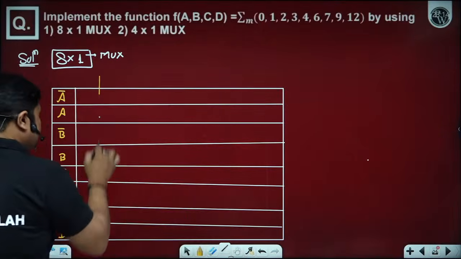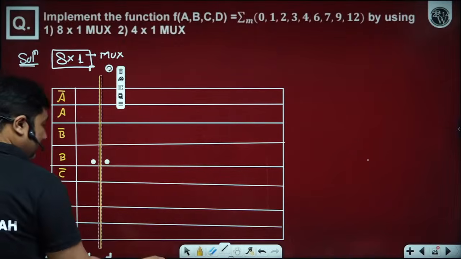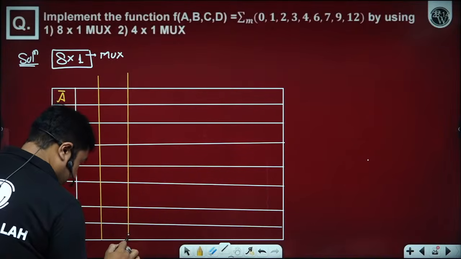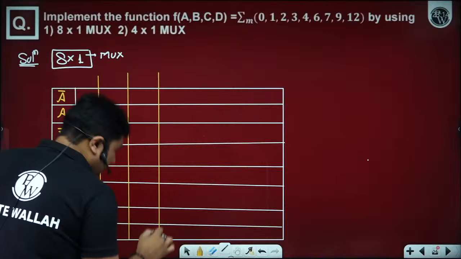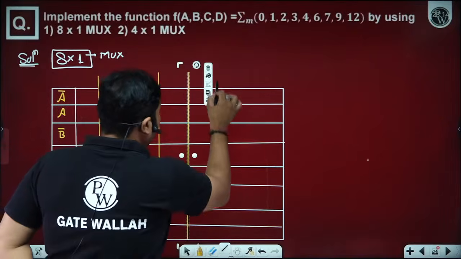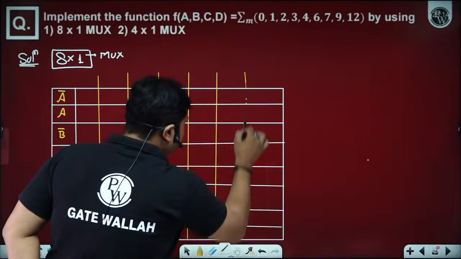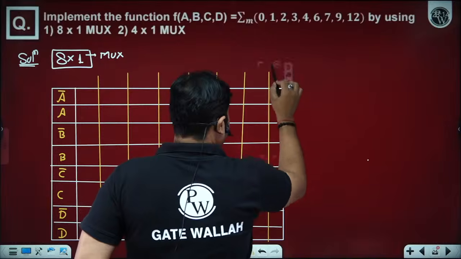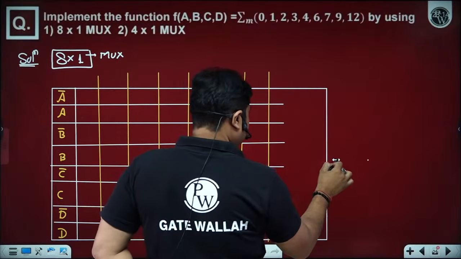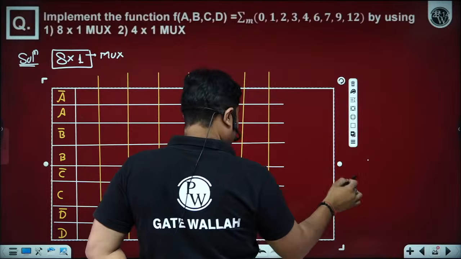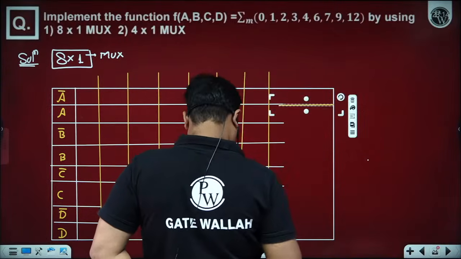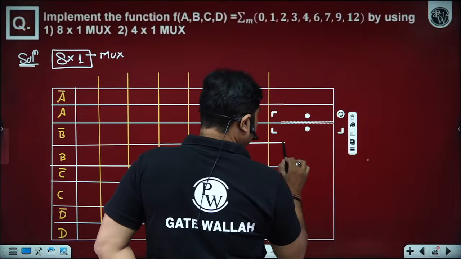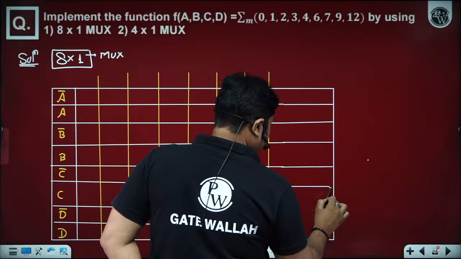Now we have I0 pin, I1 pin, I2 pin, I3 pin, I4 pin, I5 pin, I6 pin, I7 pin. Please give me a small time so that I can conclude this topic as well.